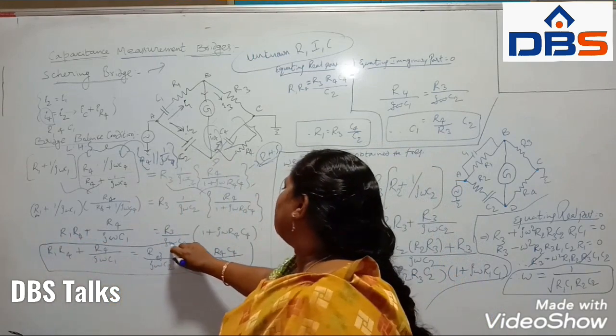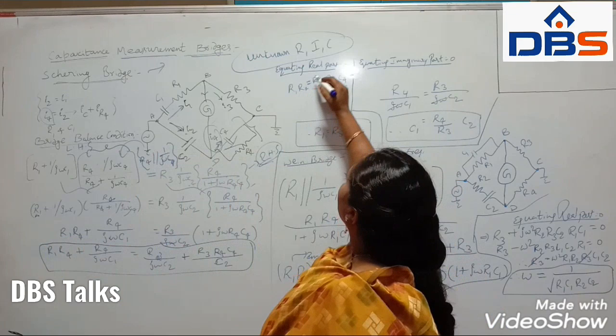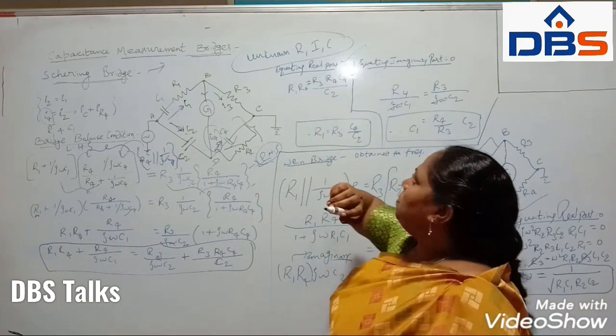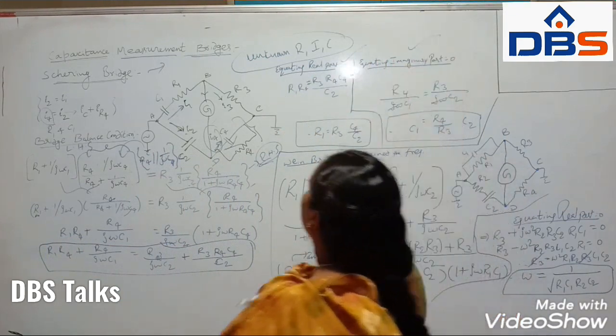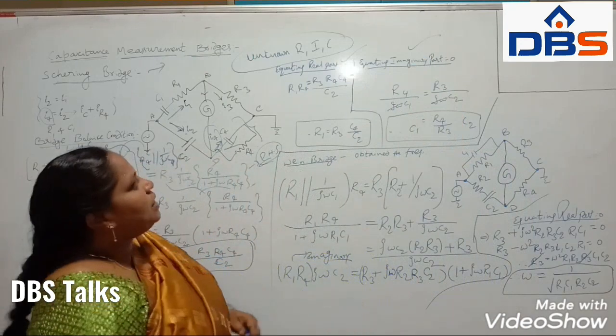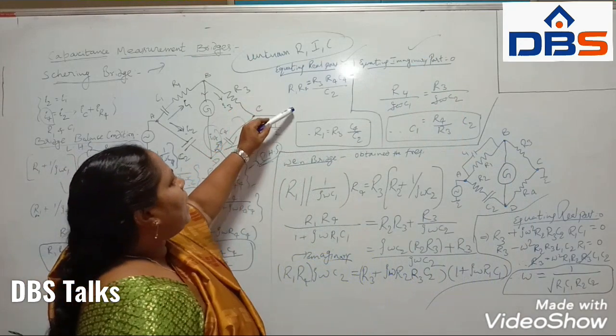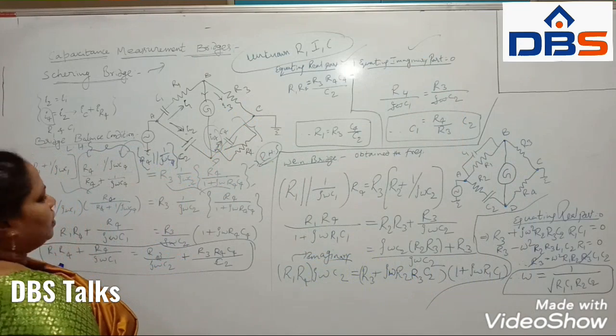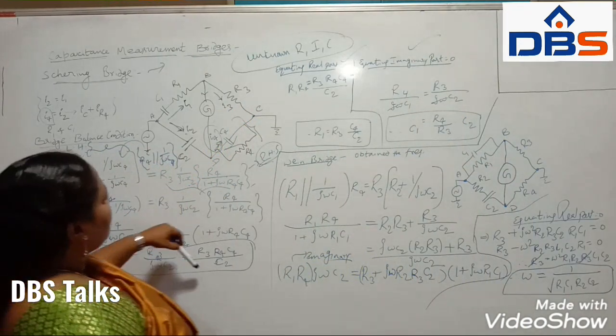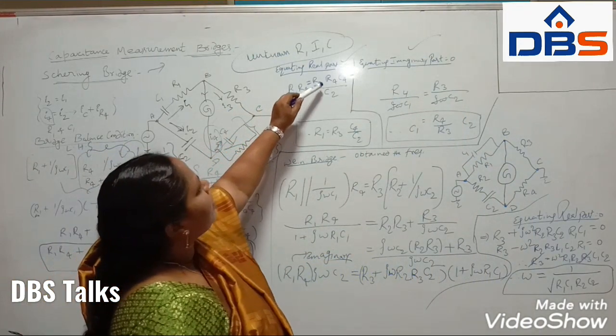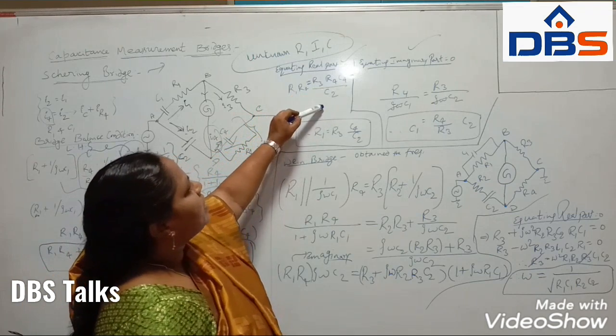For this final equation, we equate the real part to 0 and equate the imaginary part to 0. So what is the real part? R1 R4 on the LHS side, and on the RHS side R3 R4 C4 by C2.